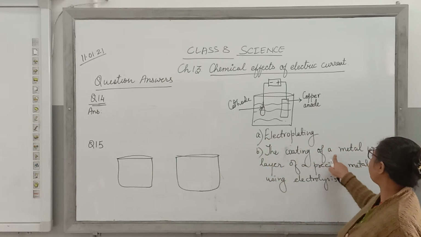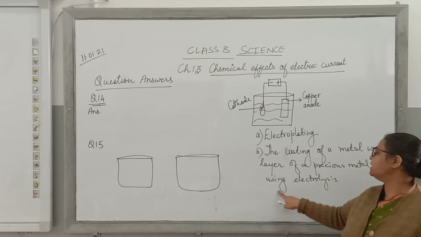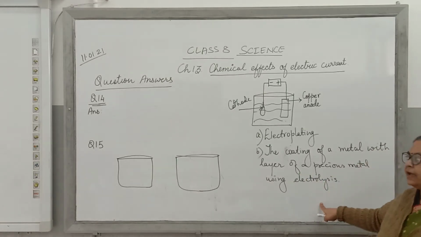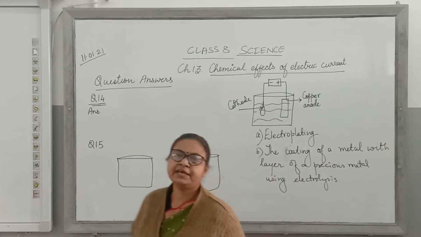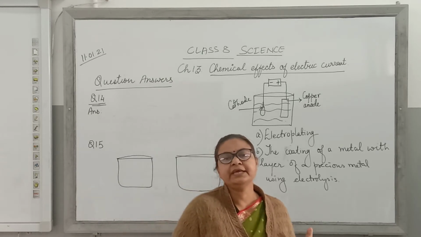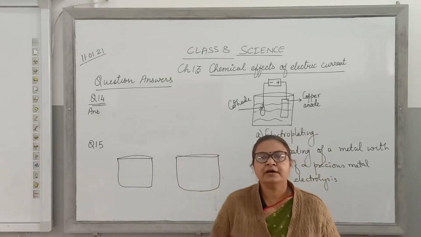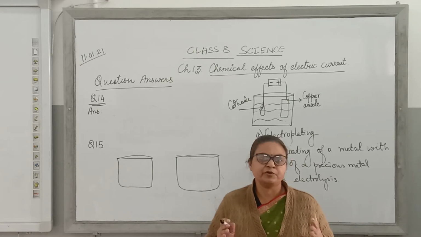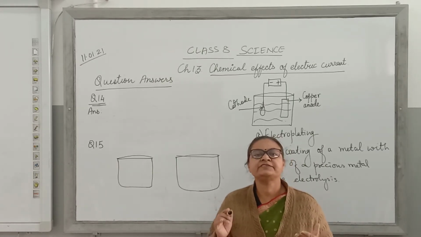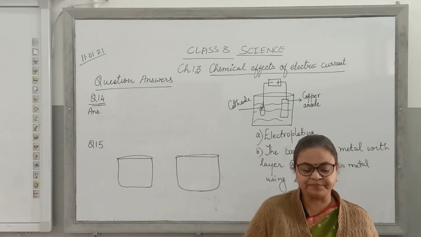Electroplating is a coating of metal with a layer of precious metal using electrolysis, and electrorefining means the process of obtaining extremely pure metal using electrolysis.